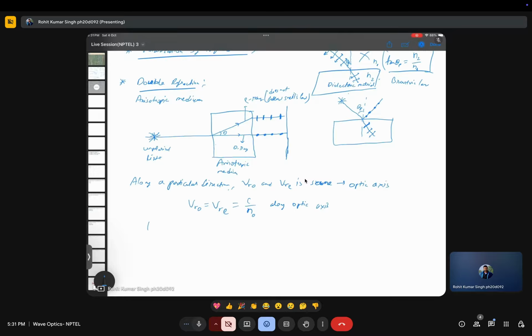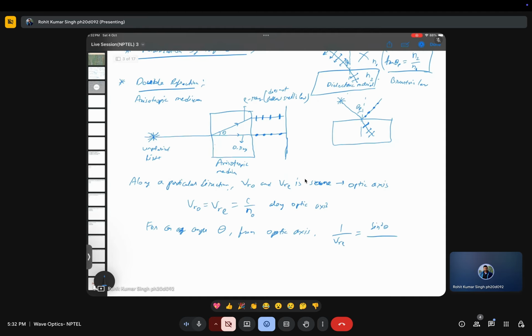But for an angle theta from the optic axis, the velocity of the extraordinary ray is given by this formula. So along the optic axis, ordinary and extraordinary rays don't have any difference, but at an angle theta, you have this formula.